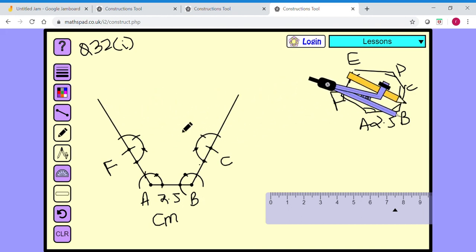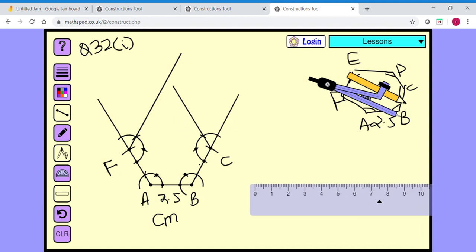Done. Next, I join them so that they give me the 120 degree angle. So I've got 1, 2, 3, 4 angles of 120 degrees.